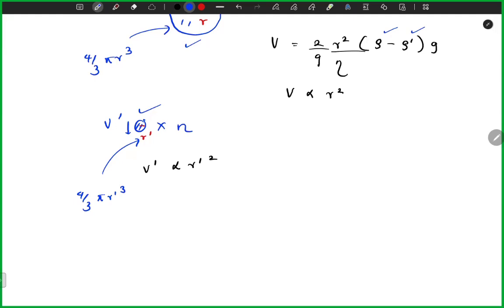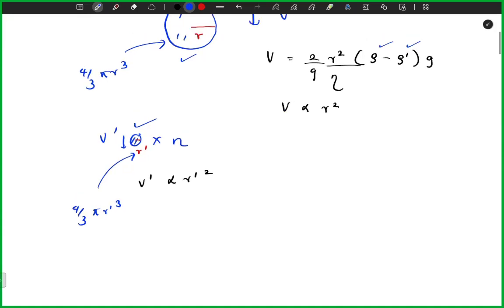Now, do you understand? Okay, the volume of the larger droplet is what? 4 over 3 pi r cube. And that should be equal to what? N times the volume of what? A smaller oil droplet, which is what? 4 over 3 pi r dash cube.